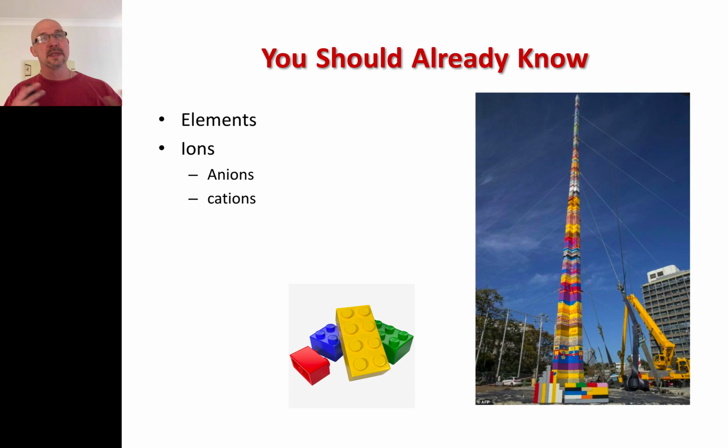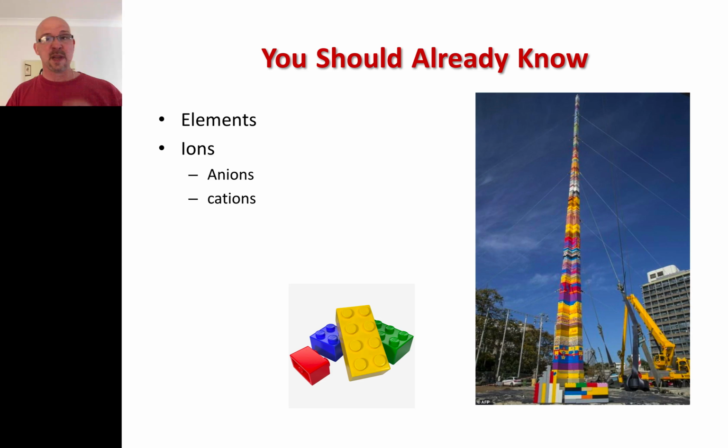If we keep using this Lego metaphor, then imagine that you can take some of those Lego blocks and put an electrical charge on them. So you get like a static shock when you touch them. And that makes some of them stick together and some of them repel. So you can put electrical charges into these elements. The way we do that is by taking a part of the element called the electron.